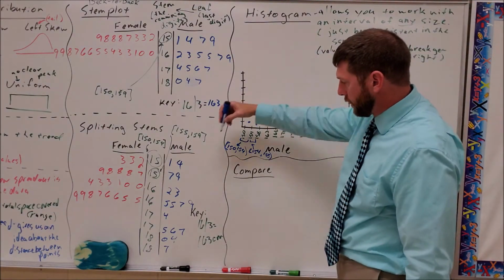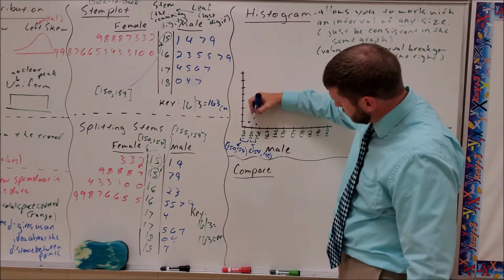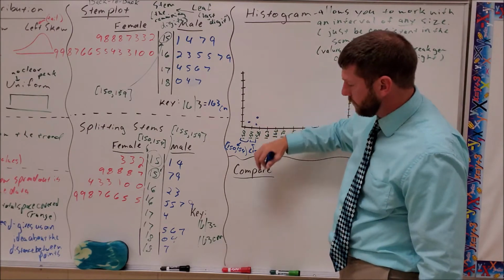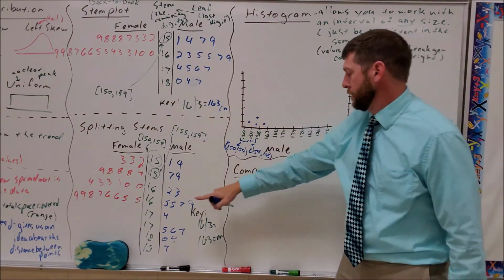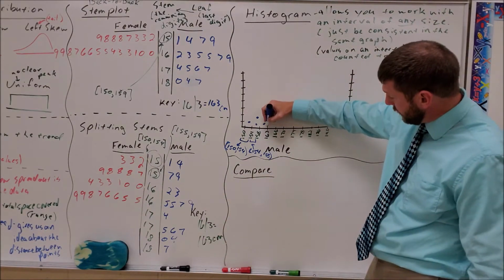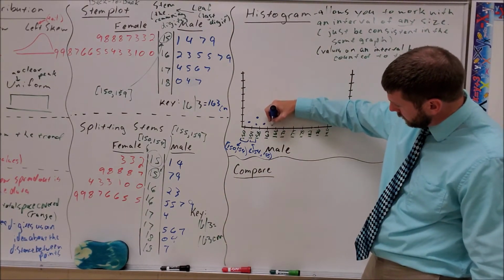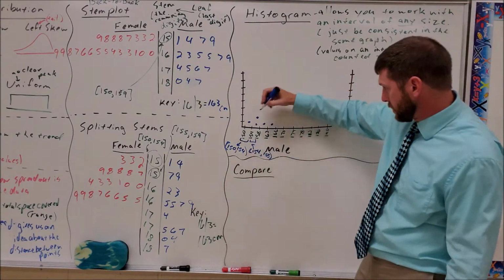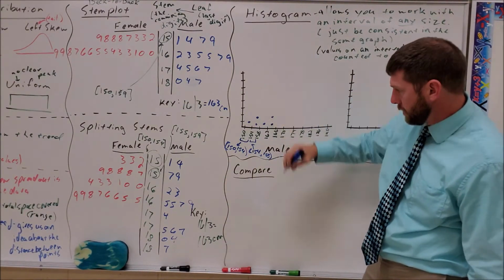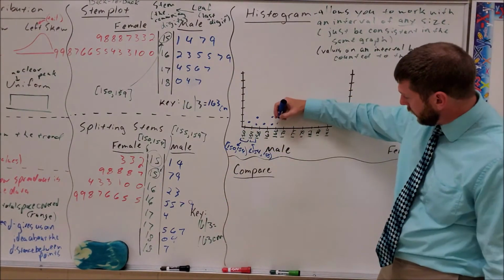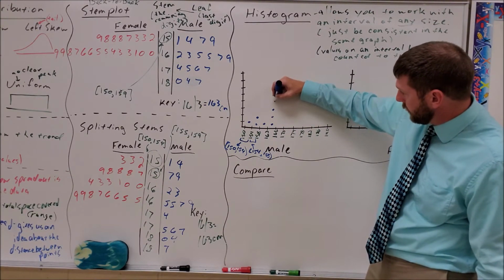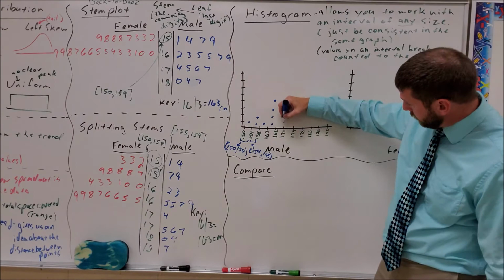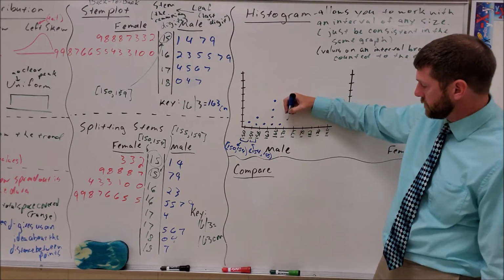All right, so next one we've got 157. Well, that's between those two. So that's my second value. 159, that's between these two. 162, it's on the line, so we're going to count it to the right. 163, it's up here. 165, that's in here. Another 165. 167, that's between 166 and 170.